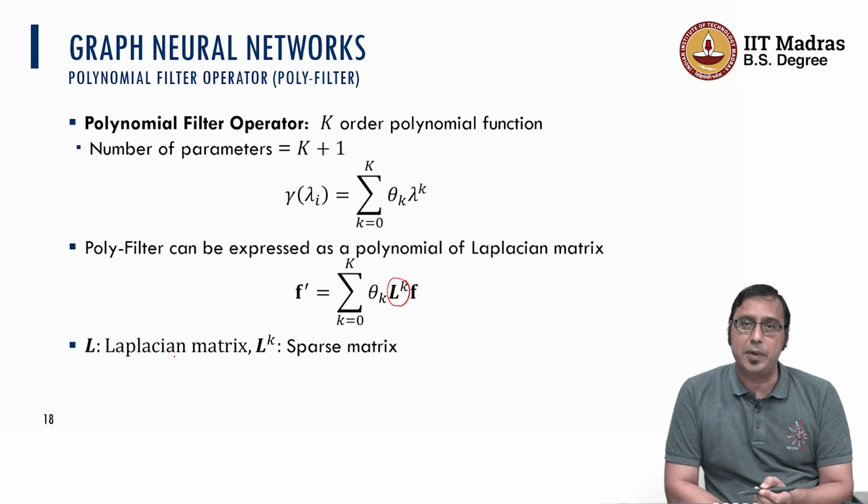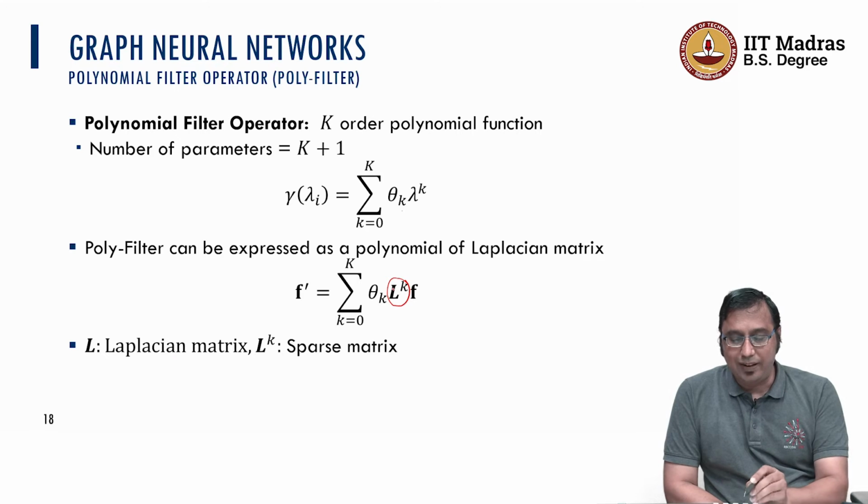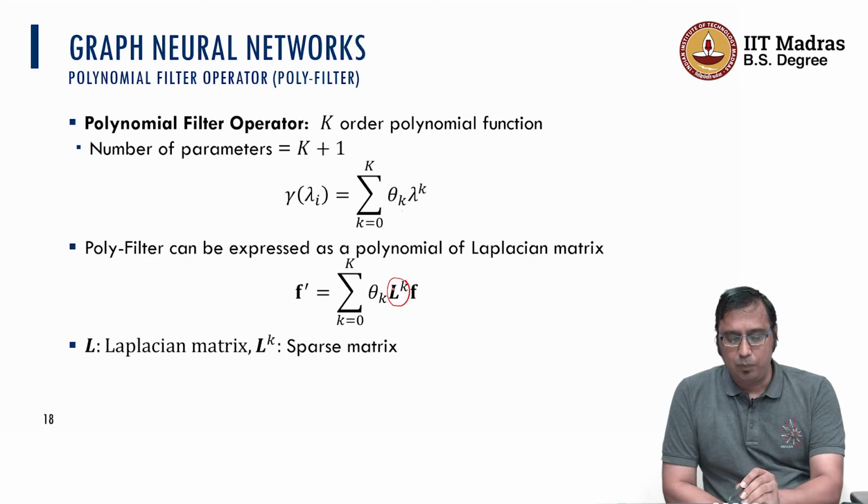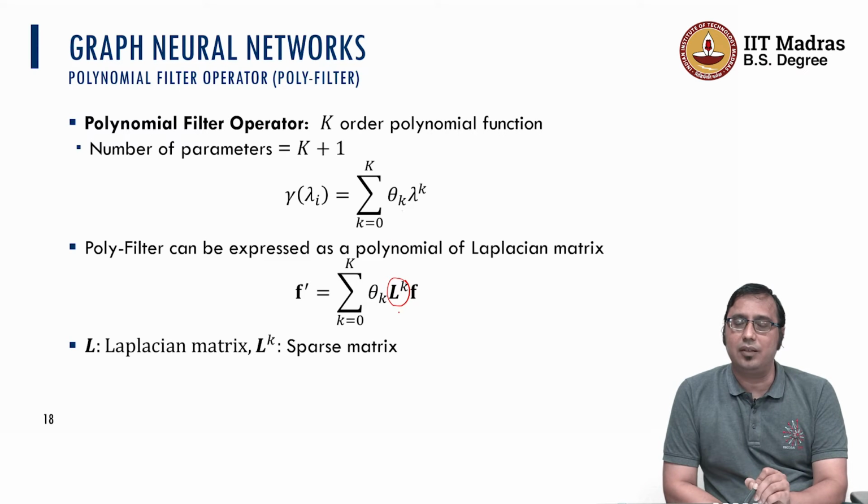That is also an expensive step. So if I can define the polynomial filter in terms of L^k, then I can reduce my computational time further for large graphs, which is a significant improvement.